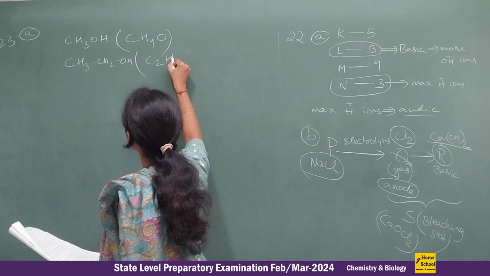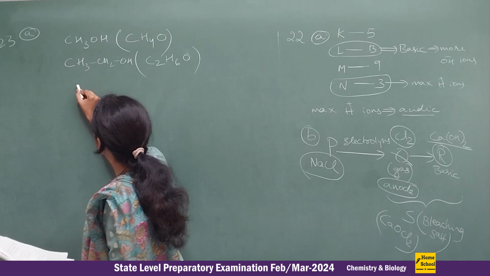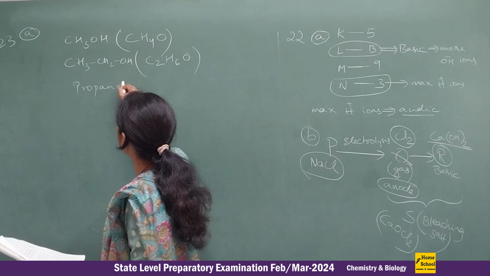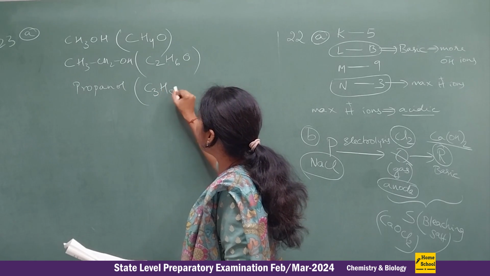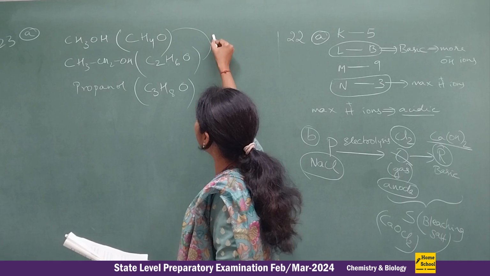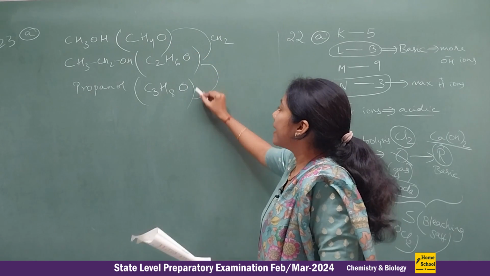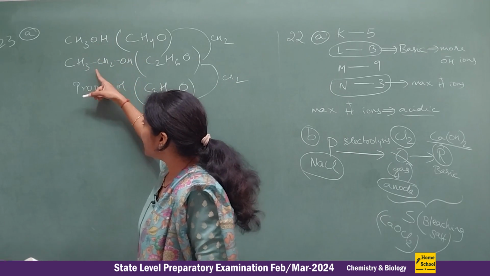Okay, so how many hydrogens? 6 hydrogens and O. So the next one is propanol. You need not write the elaborate formula, directly you write C3H8O. A difference of CH2 has to be there between the first and second member and between the second and third member. Okay, so methanol, ethanol, propanol.